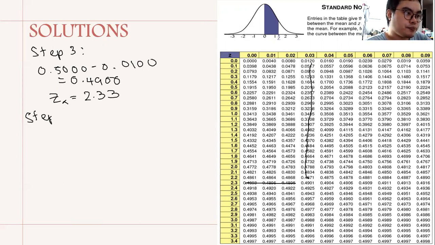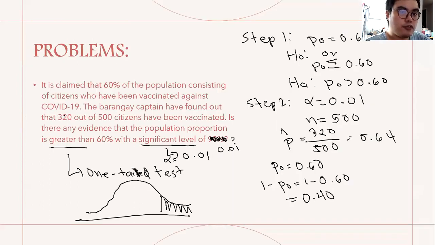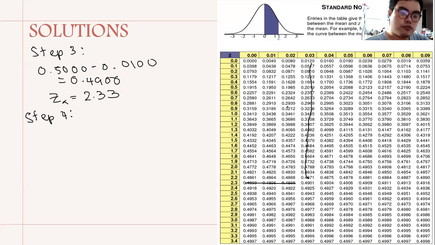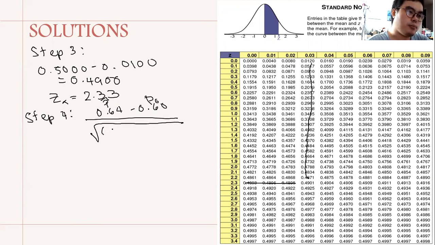For step 4, revisiting the formula, what we are going to do first is subtract the sample proportion with the population proportion. So I'm going to label the given. Then we're going to multiply 0.60 times 0.40, since 1 minus 0.60 is 0.40, then divided by 500.